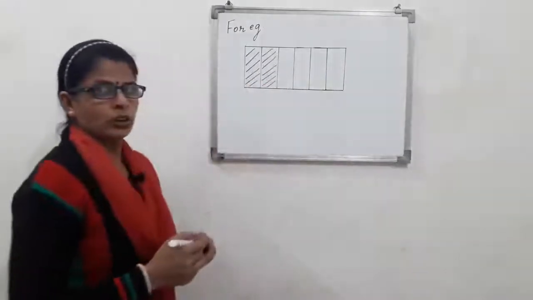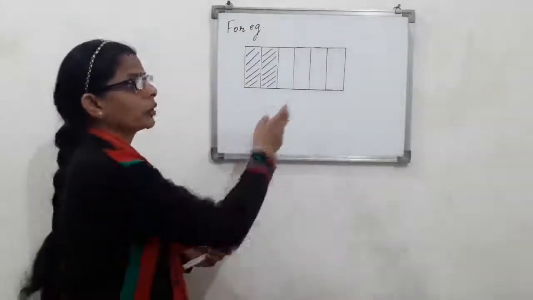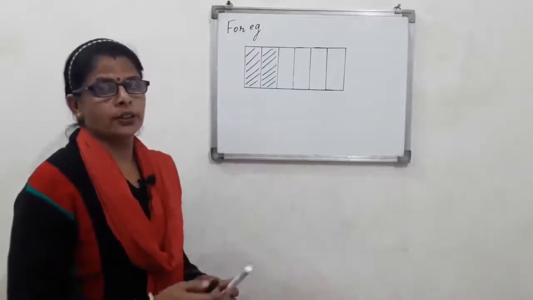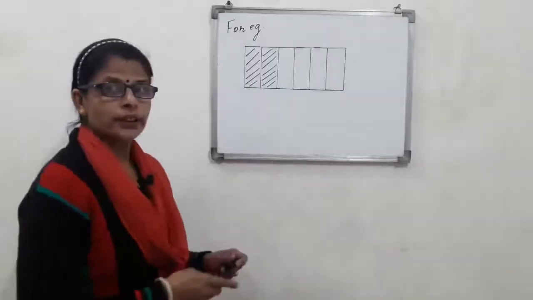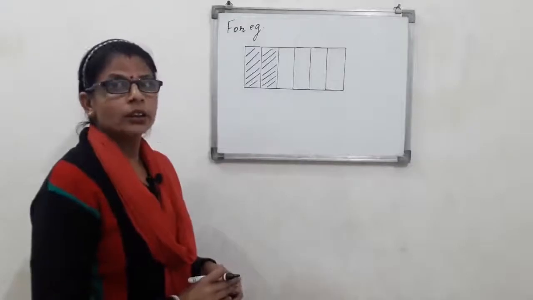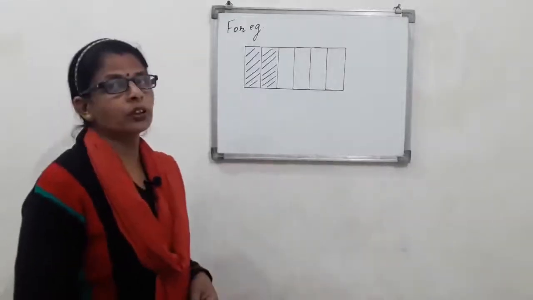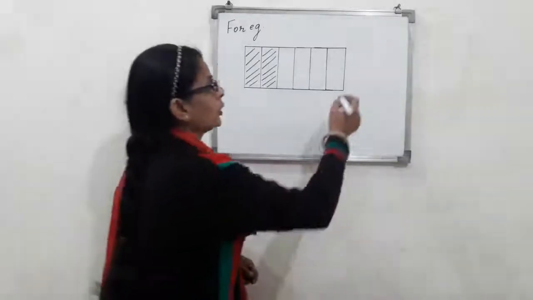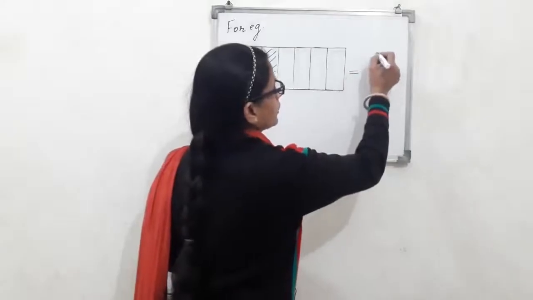I have shaded two parts. How many total parts are there? 6, right? And how many have I shaded? 2. So what will be the fraction of the shaded part? 2/6.